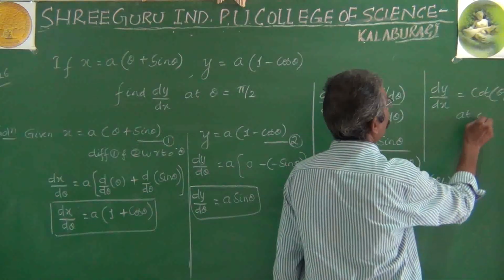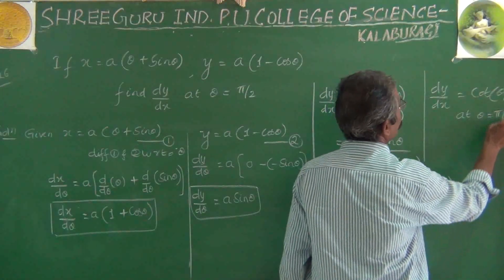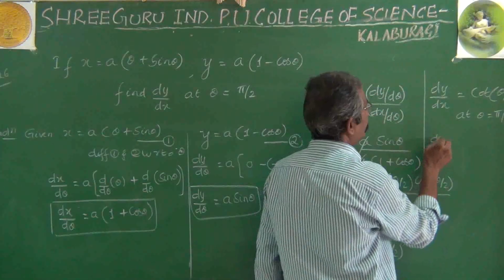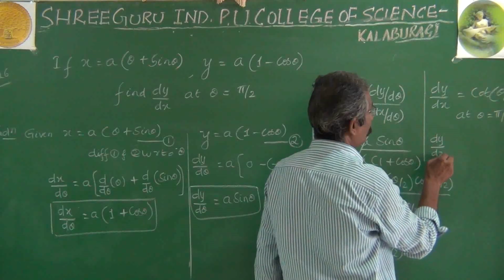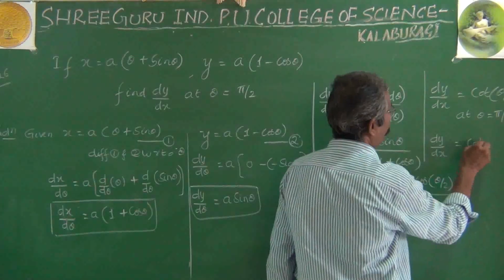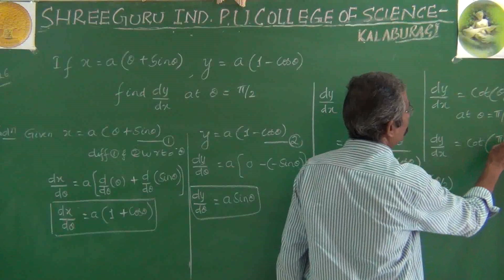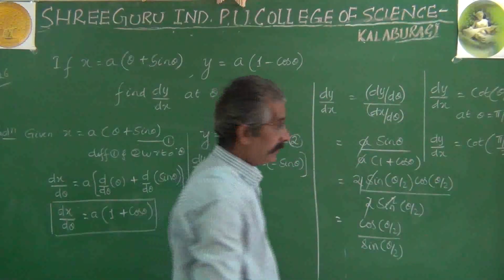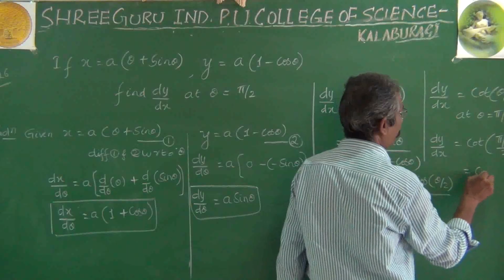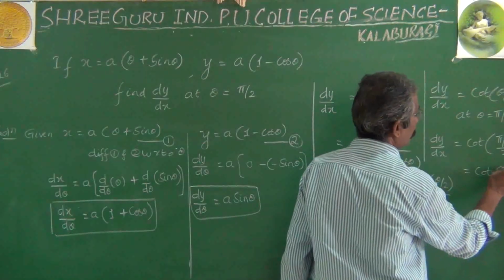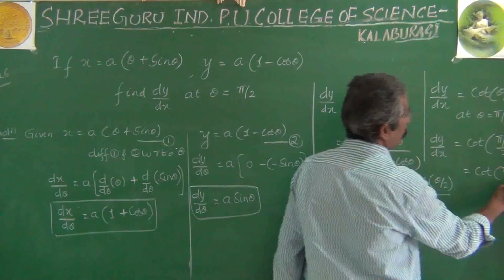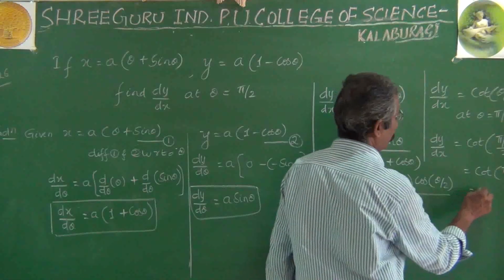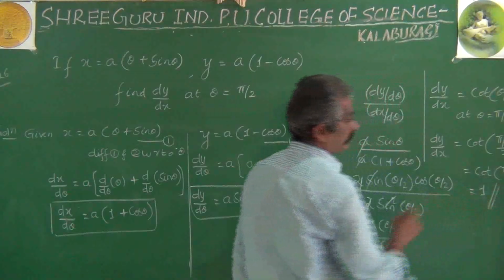Now at theta equals pi by 2, dy by dx equals cot of (pi by 2) divided by 2. That is cot of pi by 4. But cot pi by 4 is given by 1. That's the final answer.